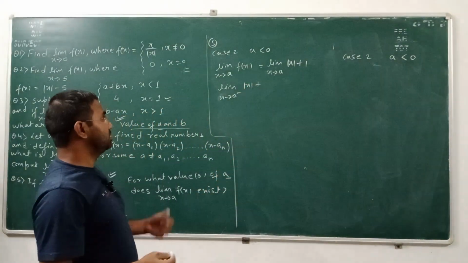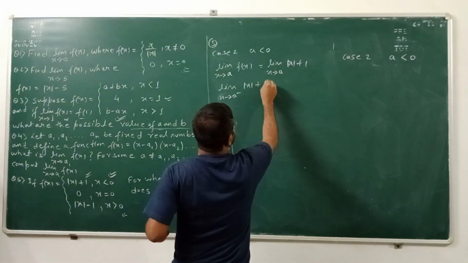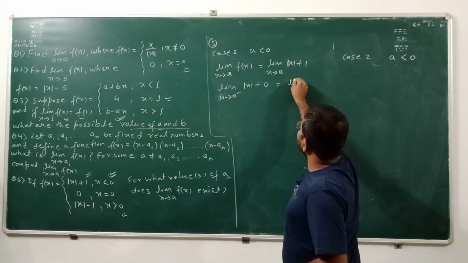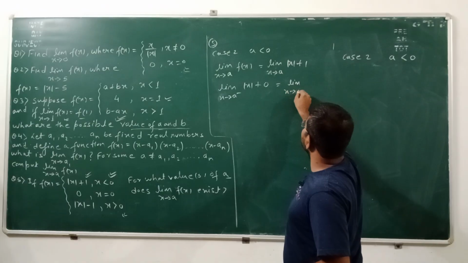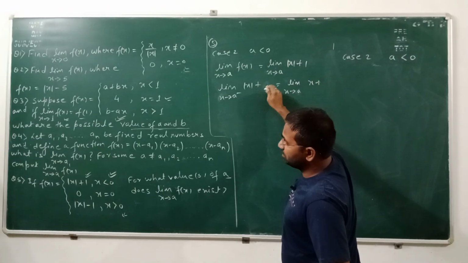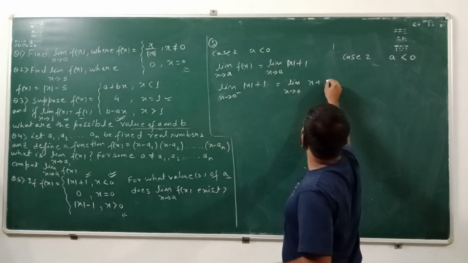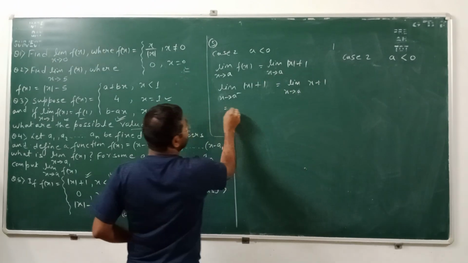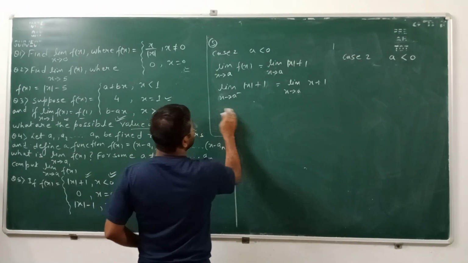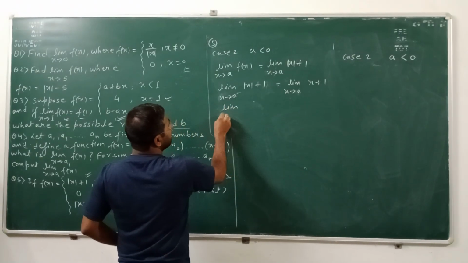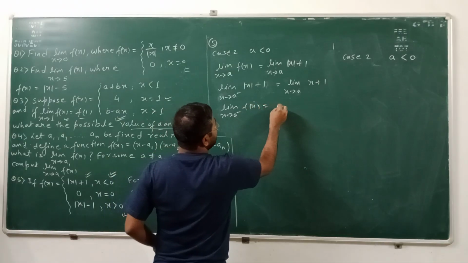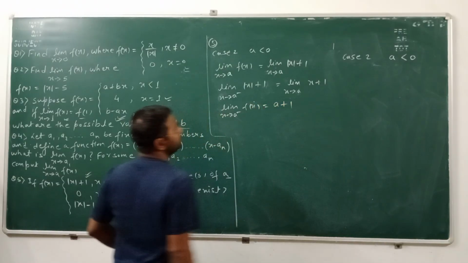A is negative, so mod of x plus 1 becomes x plus 1, then what will come? A plus 1 will come. So here limit x tends to a negative f(x) will be a plus 1.